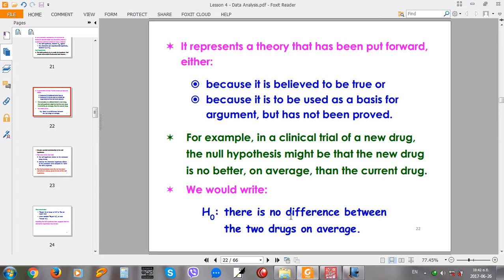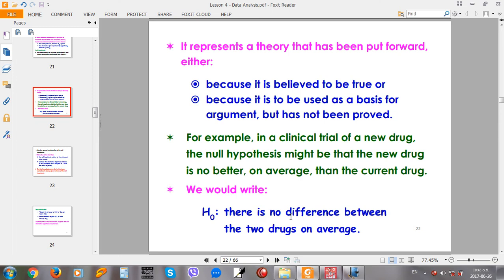We need to check whether the new drug is better than the old drug, but we state the null hypothesis as there is no significant difference. Keep that phrase in your mind, because each and every time you have to start like this: there is no significant difference. When stating the null hypothesis, you then take the other part according to the problem, here the two drugs on average.